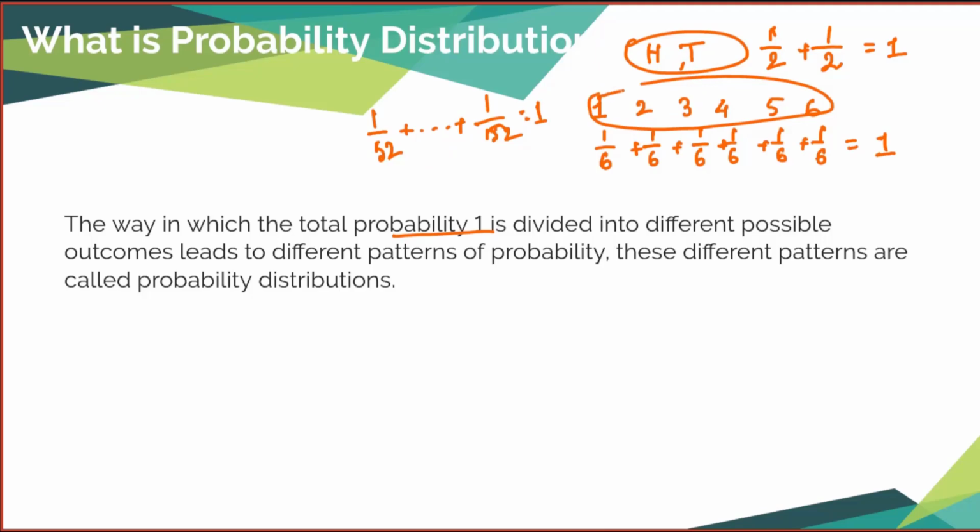Now in these three examples of coin, die or playing cards, we see that every possible outcome, whether it is a head or tail, or these numbers 1 to 6, or cards like 8 of hearts or 7 of spades, has the same exact probability. But in real situations this may not be the case.